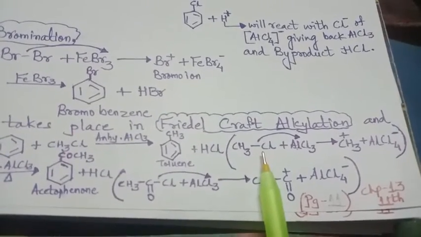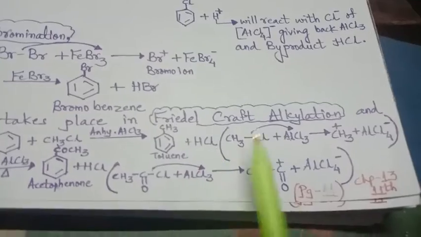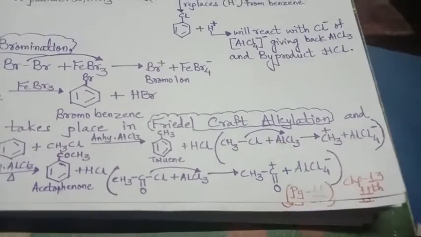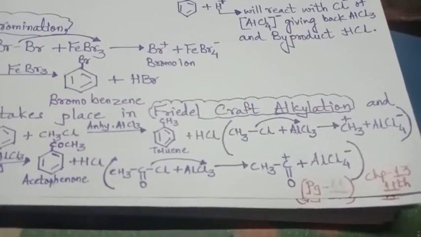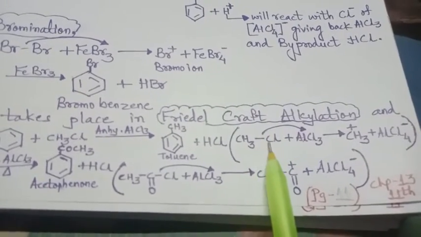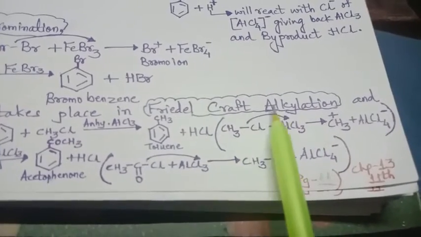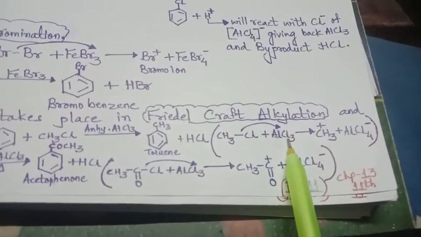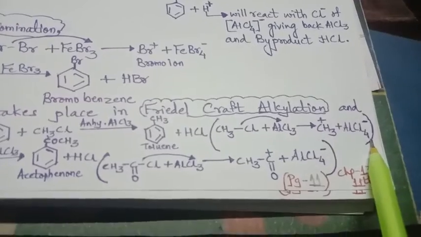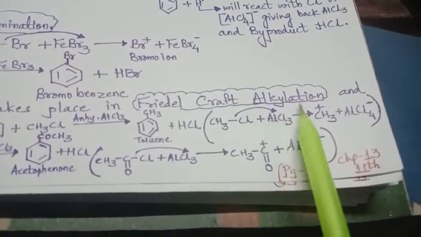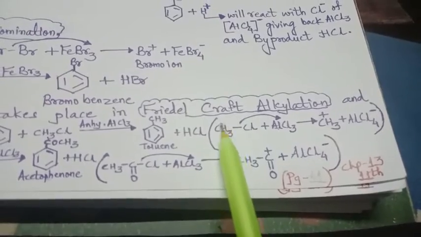CH3Cl, which is the reactant of benzene, will react with the catalyst AlCl3. Here also, out of CH3Cl, Cl being more negative will try to drag electrons and will combine with AlCl3 as AlCl4 minus. And here, as electrons are dragged away, it will acquire positive charge.